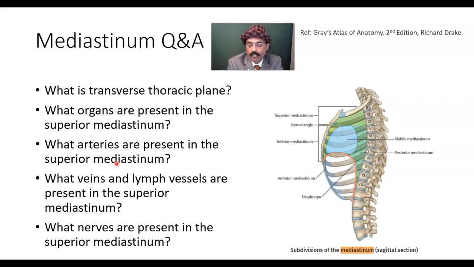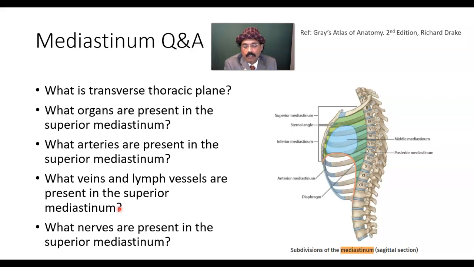Okay, we got that. Now, we got the branches of the arch of the aorta. Then what are the veins and lymph vessels present in the superior mediastinum? Veins: there is a superior vena cava. We have the brachiocephalic veins, left brachiocephalic vein, right brachiocephalic vein.